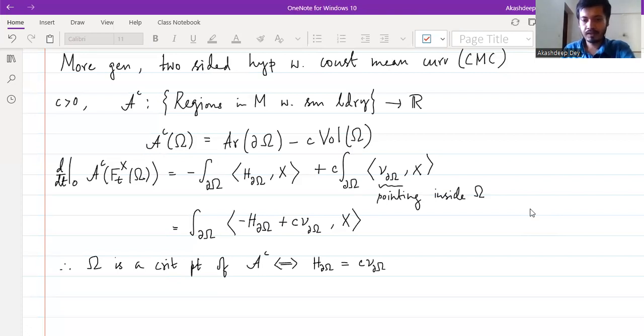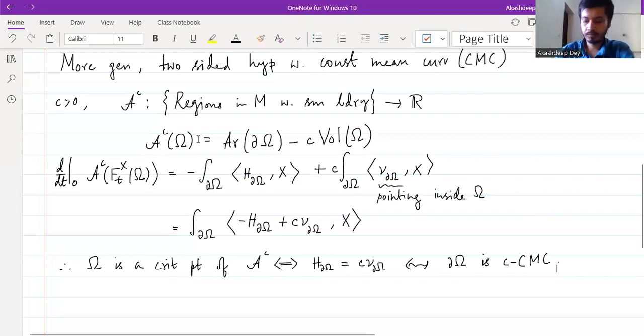So this is same as saying that the boundary of omega is c-CMC. So c-CMC hypersurfaces are precisely the critical points of the A^c functional.